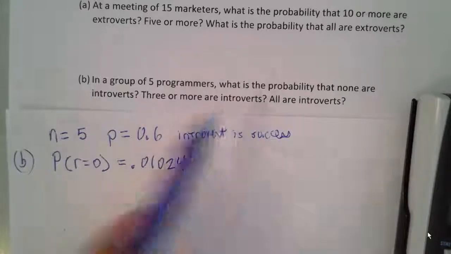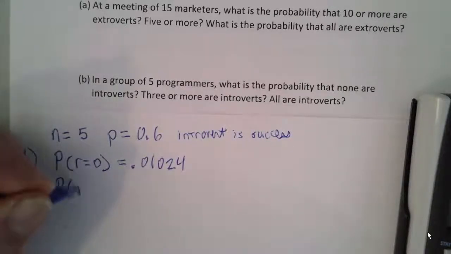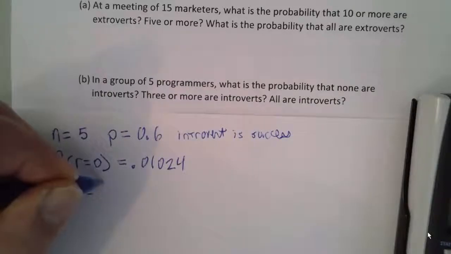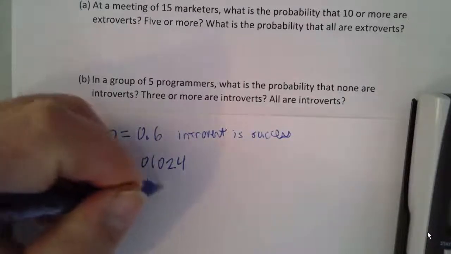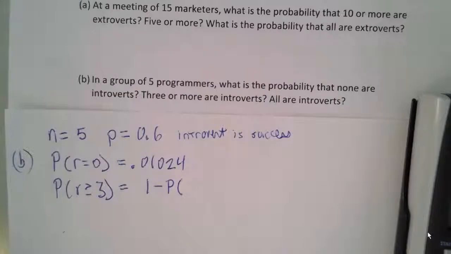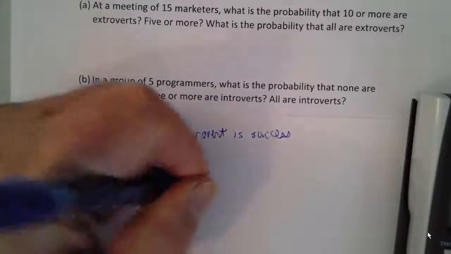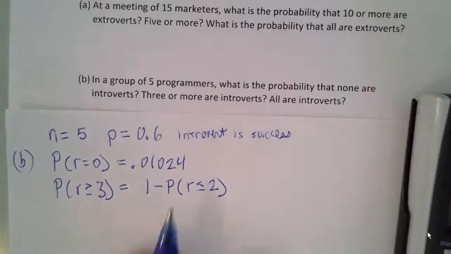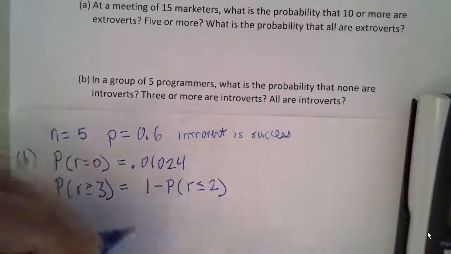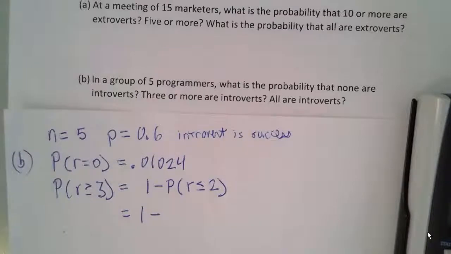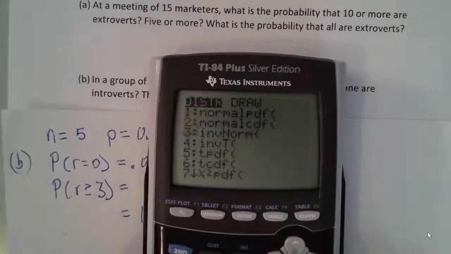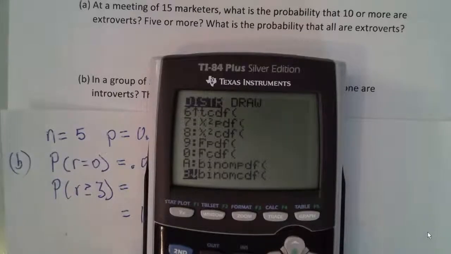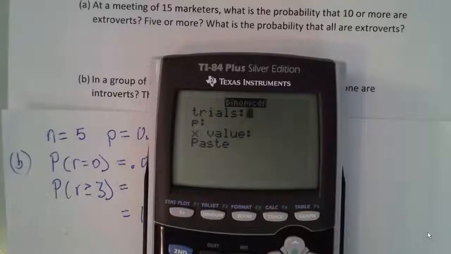What's the probability that 3 or more are introverts? Well, if 3 or more are introverts, that's 3, 4, or 5. That is the opposite of 0, 1, or 2. And that is done with the binomial CDF function. So down to choice B. Binomial CDF, we have 5 trials.